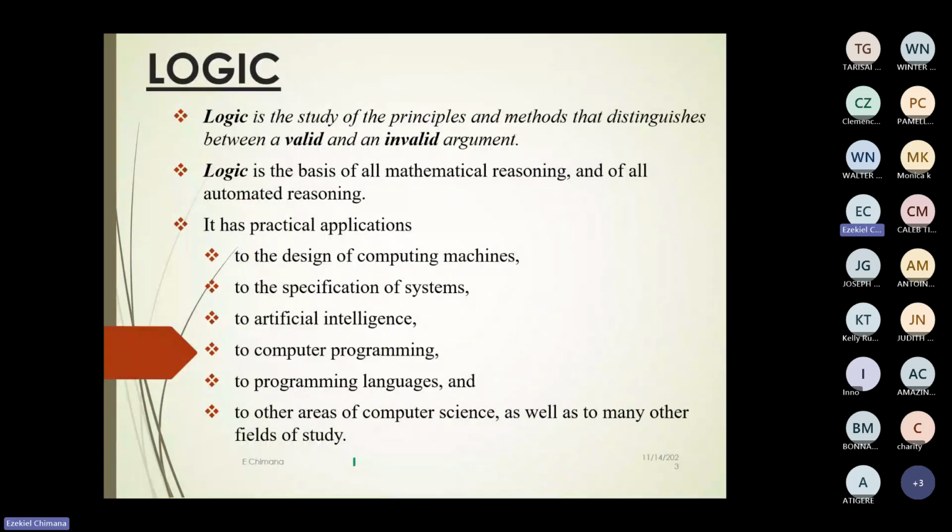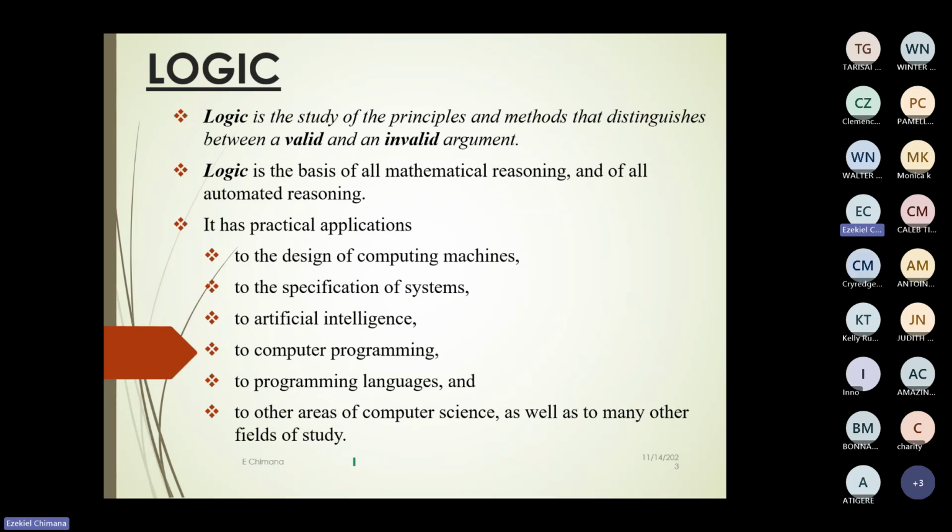So let's talk about logic. Logic is the study of principles and methods that distinguish between a valid and an invalid argument. In other words, you need to be able to distinguish a valid argument and an invalid argument. Logic is the basis of all mathematical reasoning and of all automated reasoning. When you say I've proved this, that this is correct, you are using logic. You are using a series of steps. That's what we call logic.